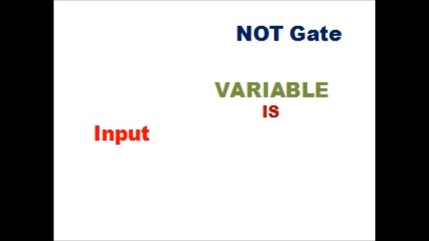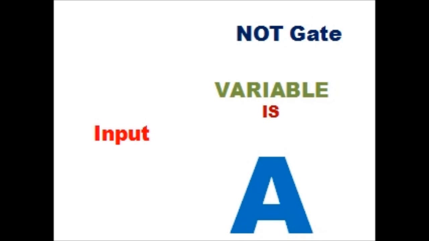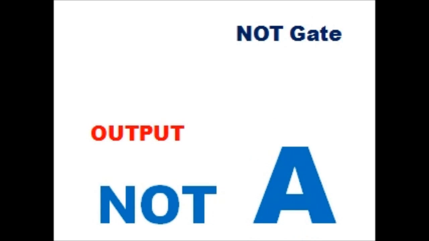So if you have an input variable like A, it will give an output of not A. Not A is written also like this, or A with a bar above it.